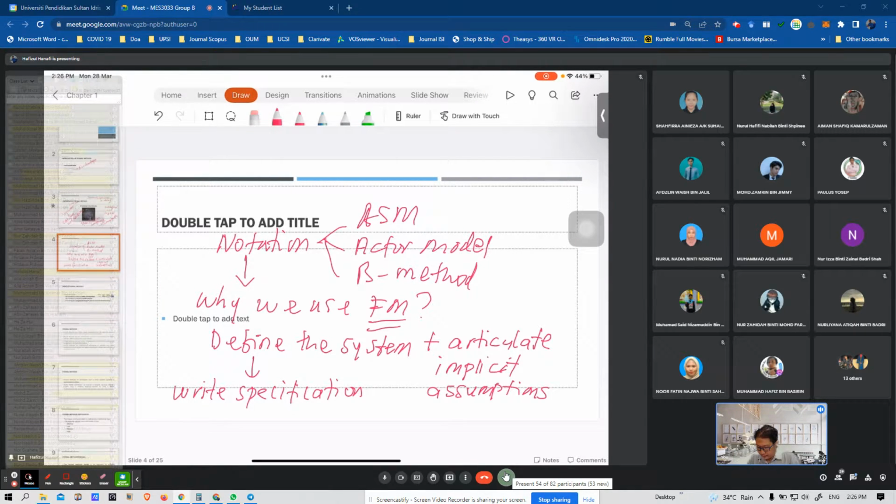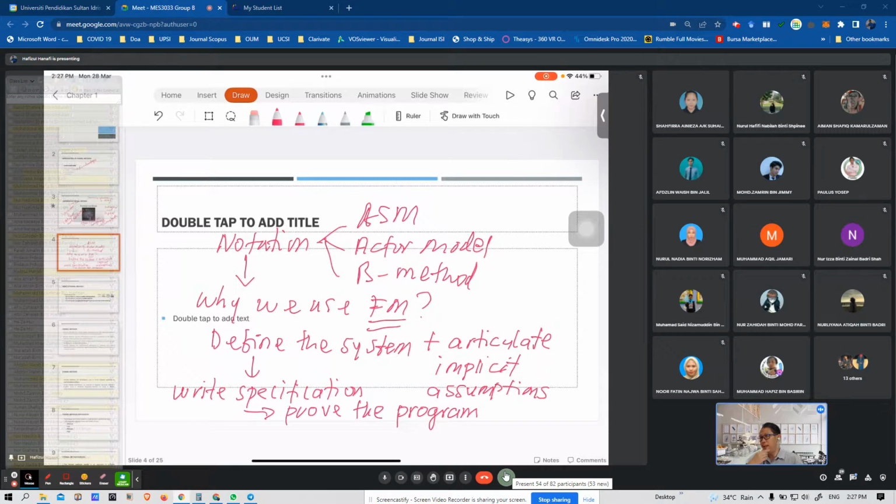After we write the specification, we want to prove the program. The proving techniques banyak kita gunakan dalam formal method.